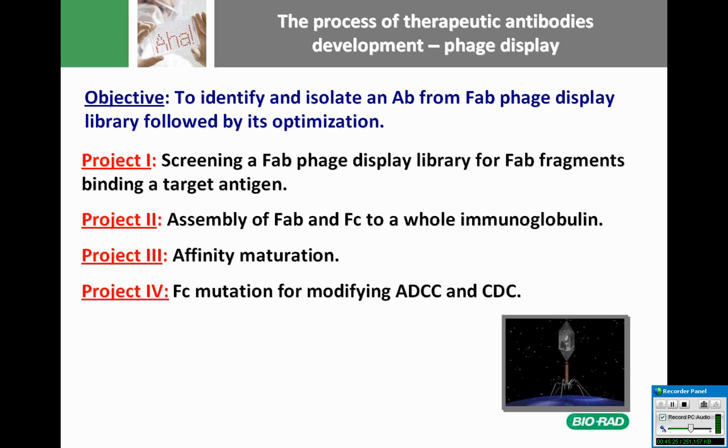Then this Fab fragment with the best affinity is assembled to, or fused to, an Fc part of an antibody to get an entire immunoglobulin. After that, there is a third project of affinity maturation to increase the affinity of the selected antibody. And the final step is to introduce mutations in the Fc region of the antibody for modifying a complementary process, the ADCC or CDC.